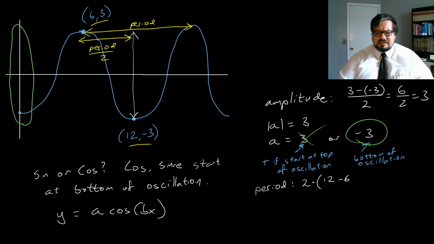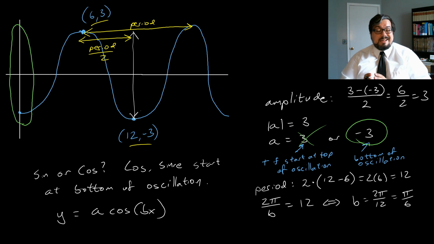So it's going to be 2 times the horizontal distance between them, which is 12 minus 6, which is 6. So we get 2 times 6, which is 12. So that means that 2 pi over b, which is the period of the function, is equal to 12, and therefore b is equal to 2 pi over 12, which is pi over 6. Again, we can always take our b to be positive in these problems, and we typically do.